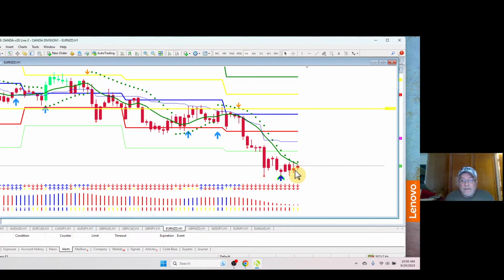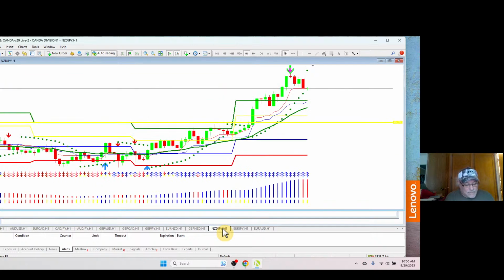That's looking better. New Zealand yen. It's looking better because we're at break even on that trade. But I just need a little bit more of a push down as we're short.